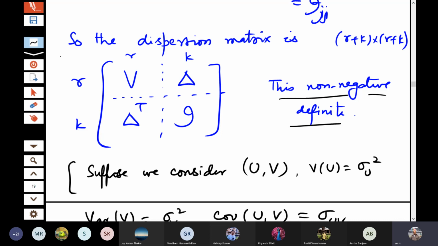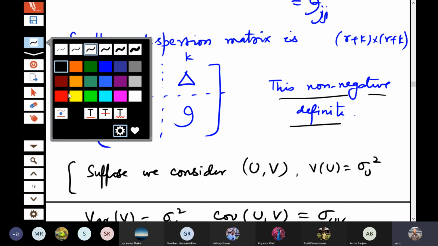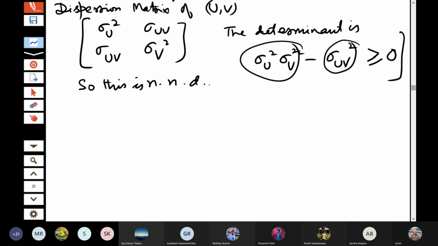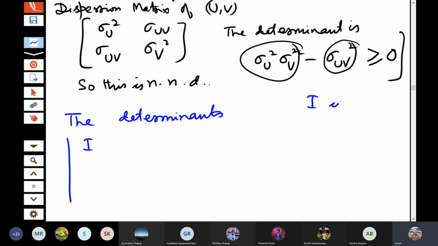So if it is non-negative definite, and I write down the determinant of the partitioned matrix, it is a product of two terms. So what we do, we just write this result here. I am not going to write the proof of this. Okay, so I is identity matrix.